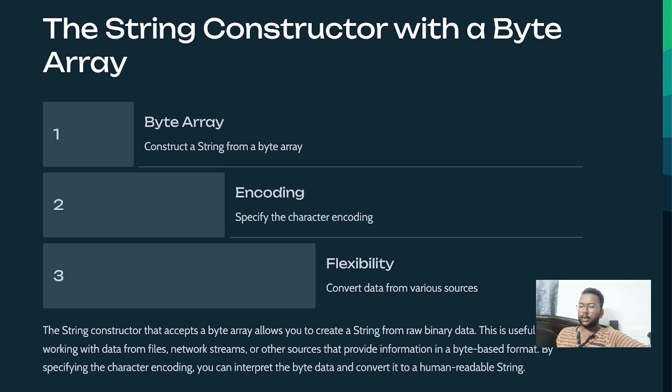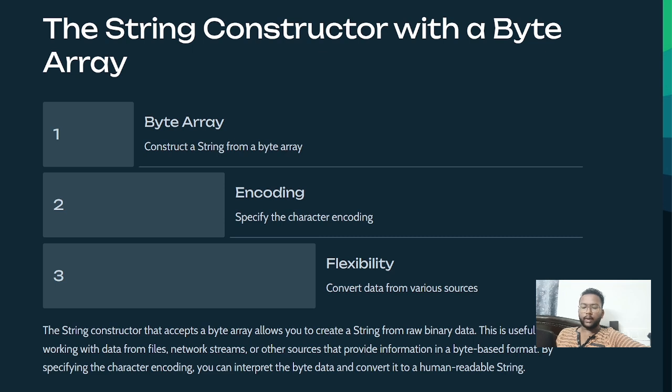String constructor with a byte array. First, byte array: construct a string from a byte array. Second, encoding: specify the character encoding. And the third one is flexibility: convert data from various sources. The string constructor that accepts a byte array allows you to create a string from raw binary data.